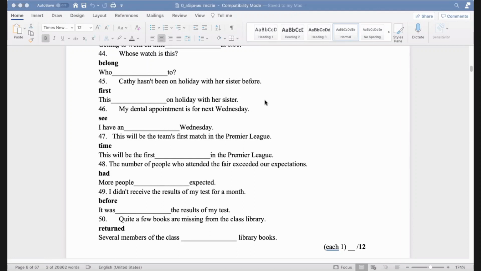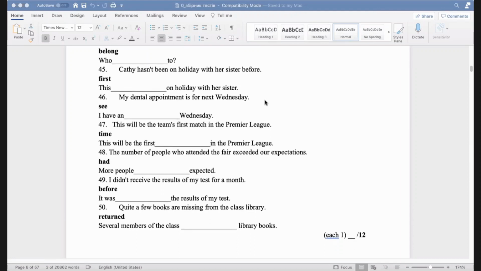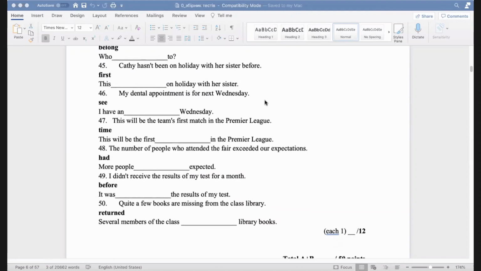Okay, number 46. My dental appointment is for next Wednesday.